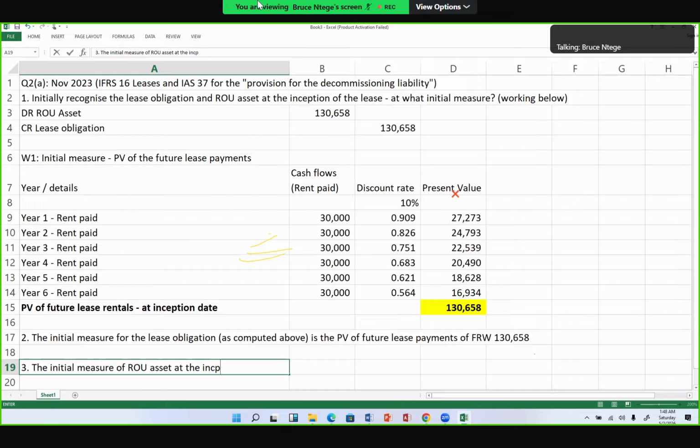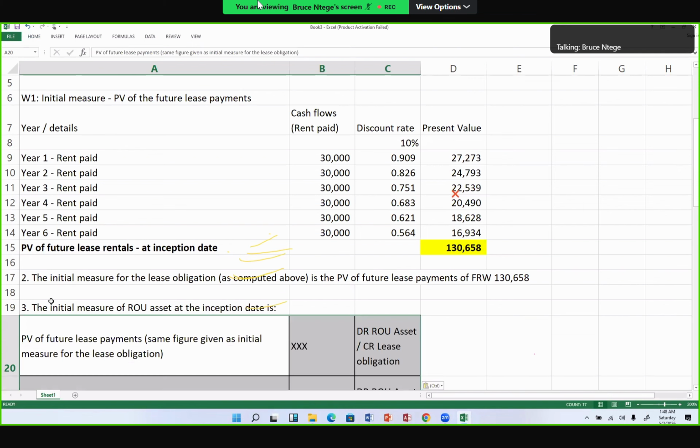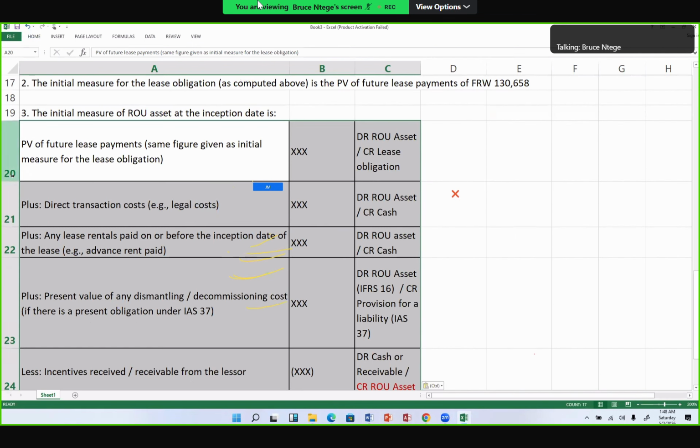Please, in the exam, it's not a requirement that it will be as full as this table here. It may be smaller than that table. But let me pick and paste it in my Excel so that we have all those with us. So it would be the present value of the future lease payments, the same figure you've just given up there in the initial measure of the lease obligation.